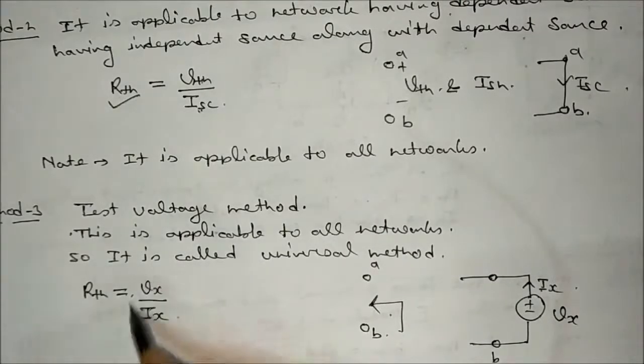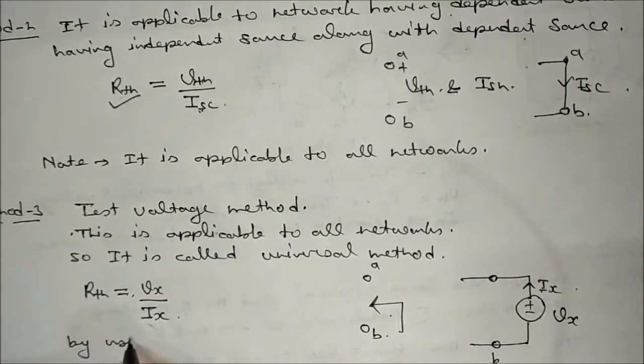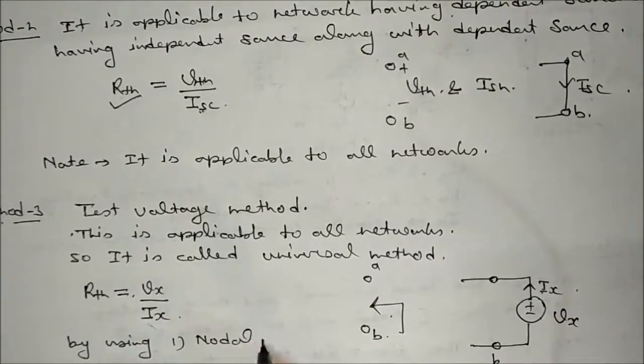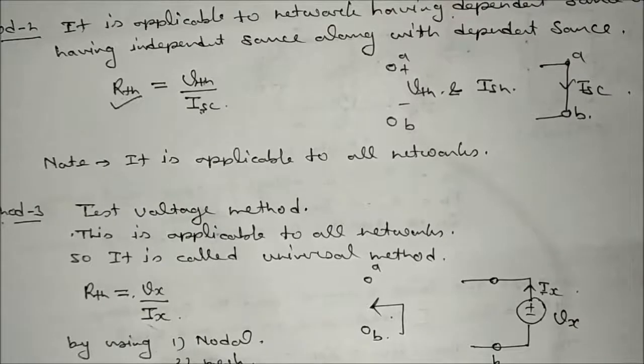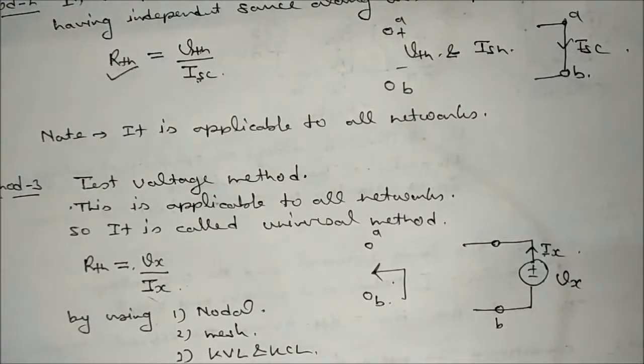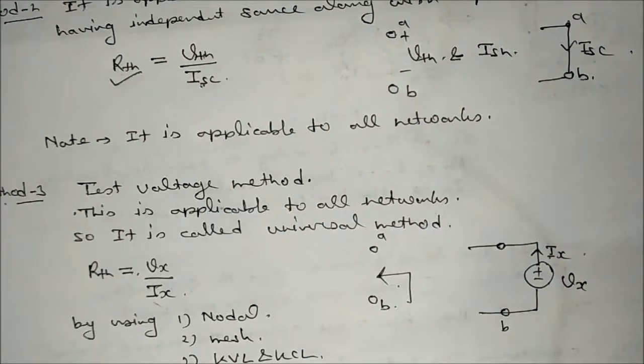How will you calculate this Vx by Ix ratio? By using number 1 nodal, number 2 mesh, and number 3 KVL and KCL. All three things you can apply to calculate the Rth. So we have three methods. One is for a purely resistive network having independent sources.